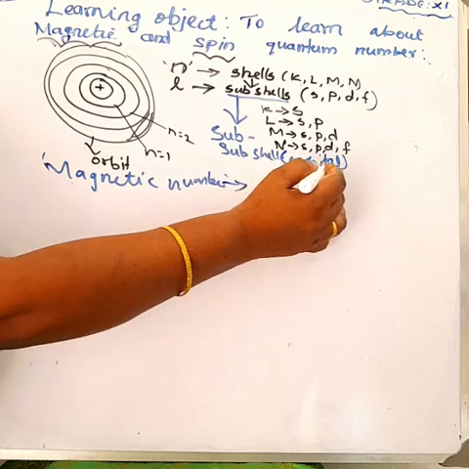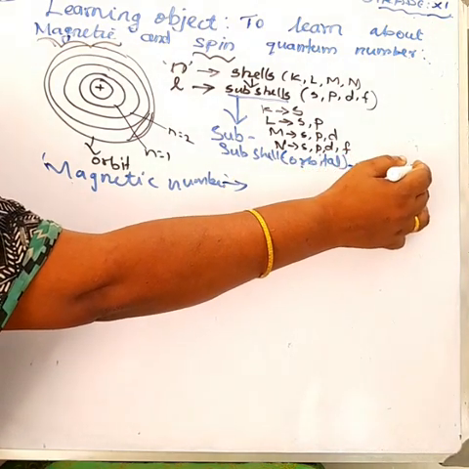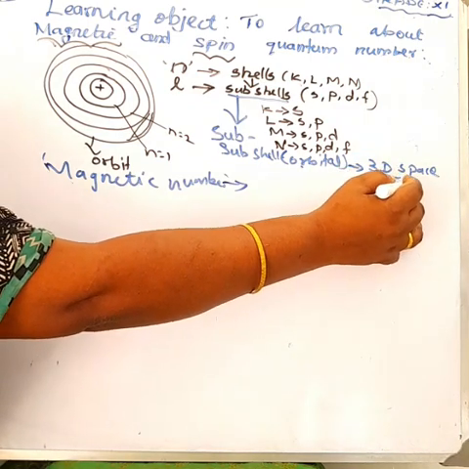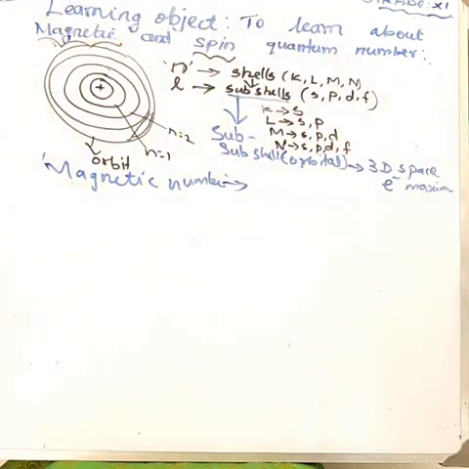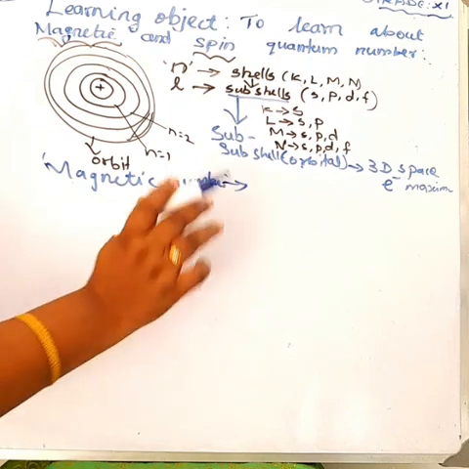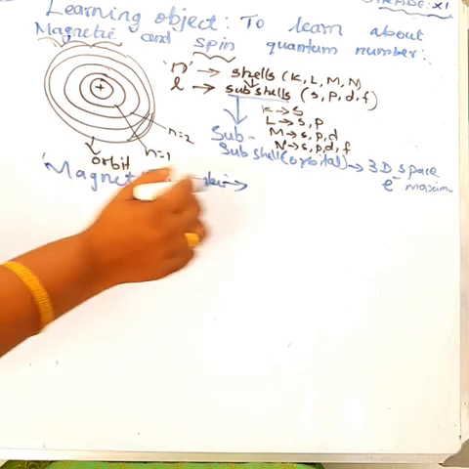Orbital means the three-dimensional space in which the probability of finding the electron is maximum. That space we call an orbital.